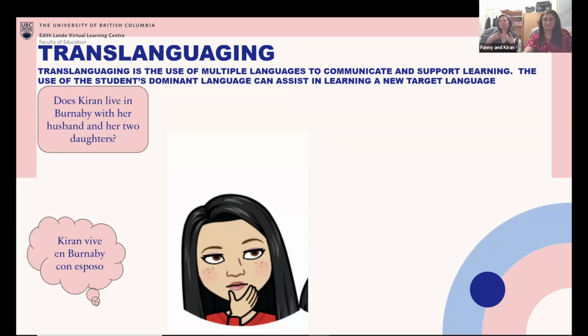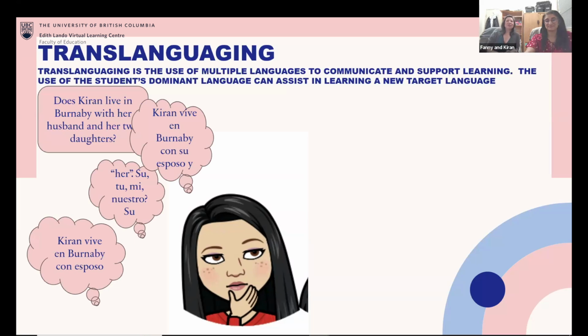First, I can right off the bat say, Kiran vive en Burnaby con esposo. Wait a minute. I forgot to include the word her. So in Spanish, it's su, tu, mi, nuestro. I want to use su. Kiran vive en Burnaby con su esposo y, for, and now I need 2. So I'm going to start counting in my head in Spanish. Uno, dos.